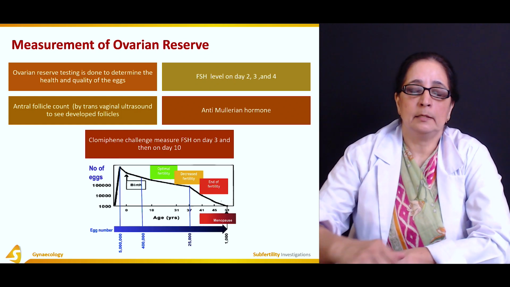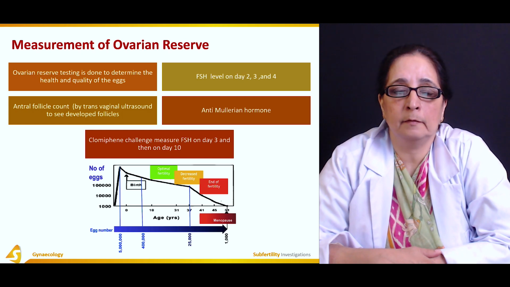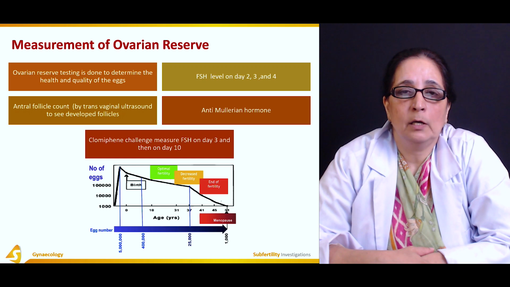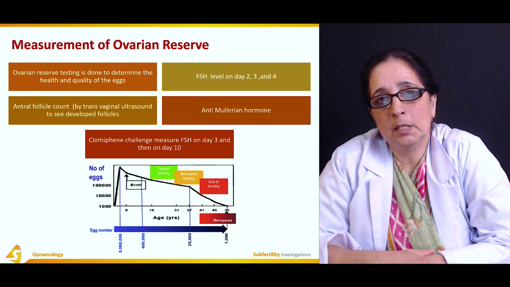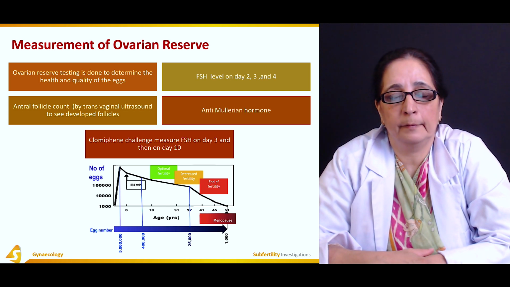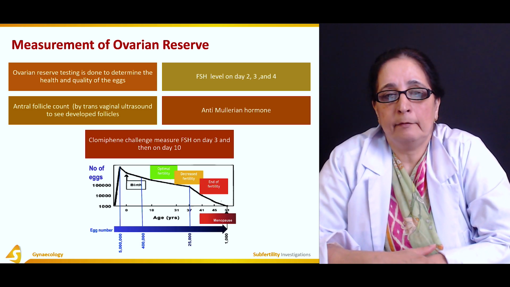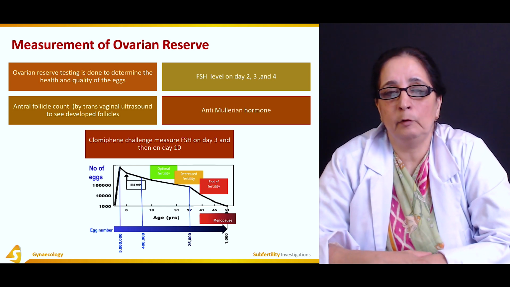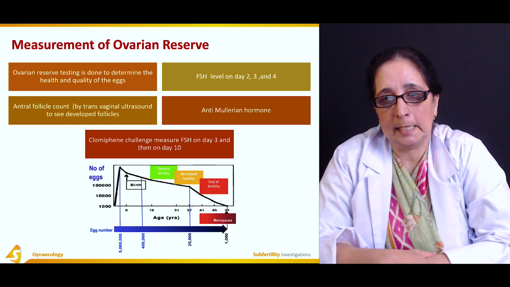Now, the other test commonly done is measurement of the ovarian reserve. Ovarian reserve testing is done to find out if the eggs are healthy and if they have enough quantity and quality to cause pregnancy or fertilization. For FSH level, you measure the FSH, which is follicle stimulating hormone, on day 2, 3, and 4 of the cycle.